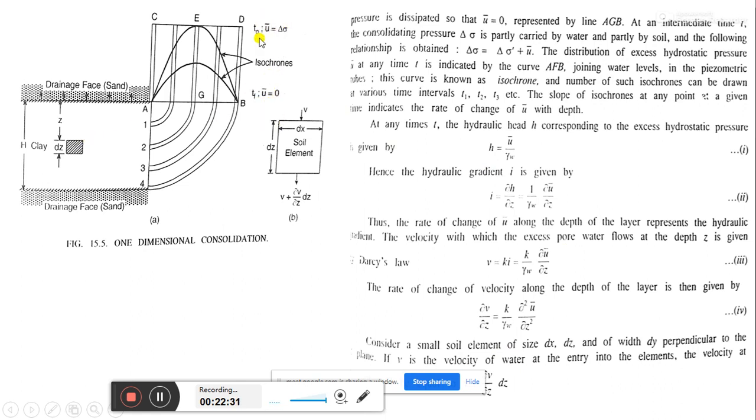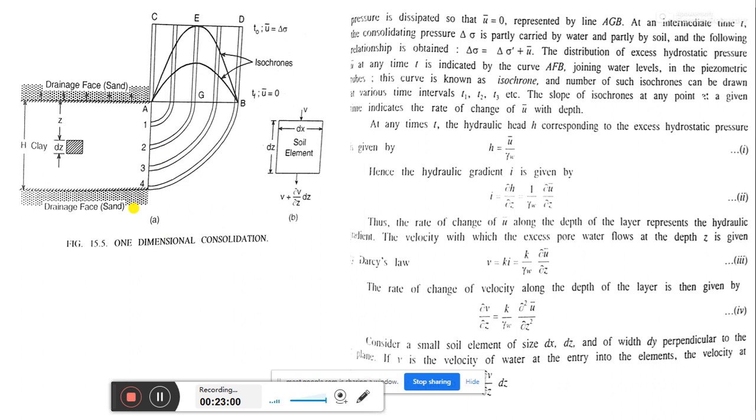This decrement is totally based on the pore water pressure, because initially the pore water pressure was present in the soil, but after some time this pore water pressure has been expelled out from the soil or clay, because we have provided two drainage layers on both sides of the soil.